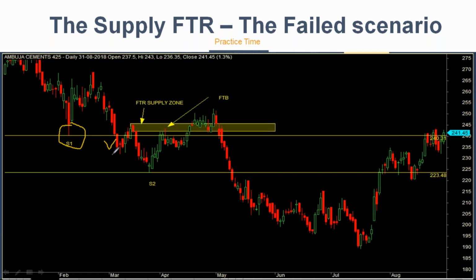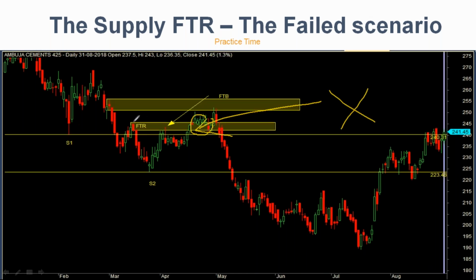Why did it fail, friends? Can you guys tell me why this FTR failed here? It failed because there was a level over level. It went to that level over level and reacted from there.